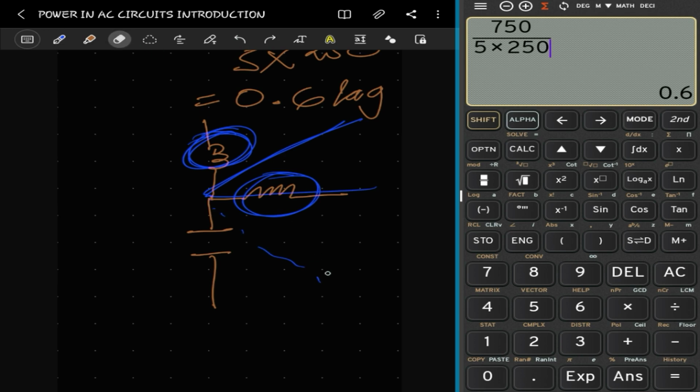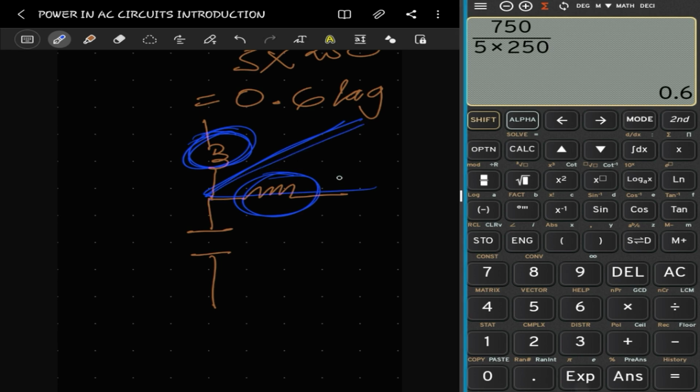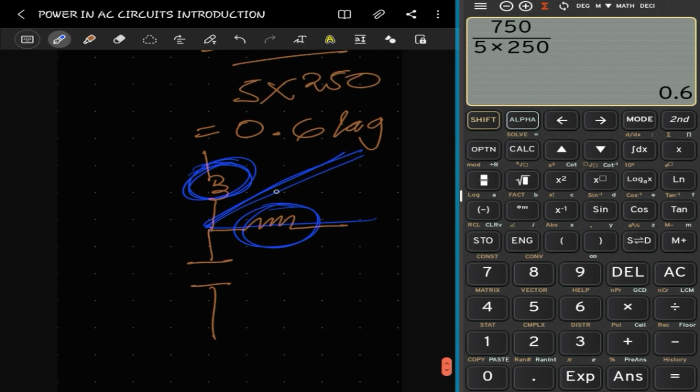In this case, we're having a resistor and a coil, or inductor, which basically has an internal resistance. So the apparent or the resultant power will appear here. So that will mean that the current is lagging the voltage.